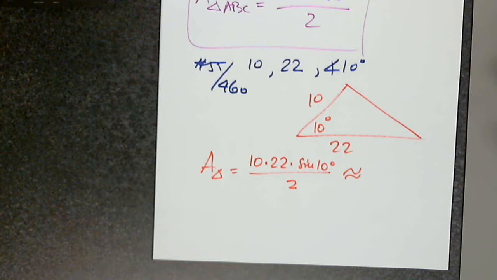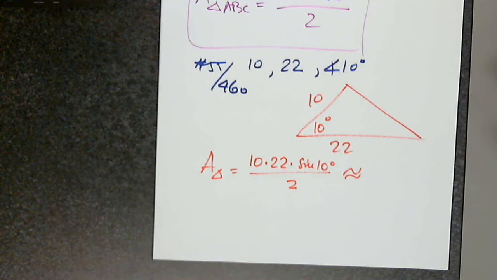So I simplify, so I have 5 times 22, and sine 10, but I have to check, and since the software always goes back to the default, I'm sure it's back to radians, so I have to go to degrees, press enter.